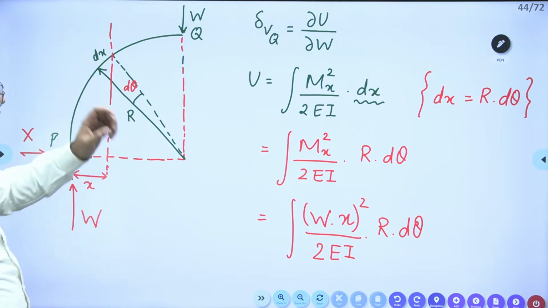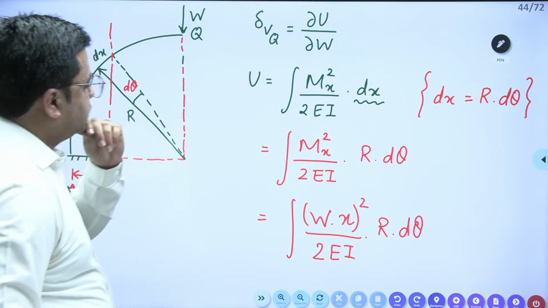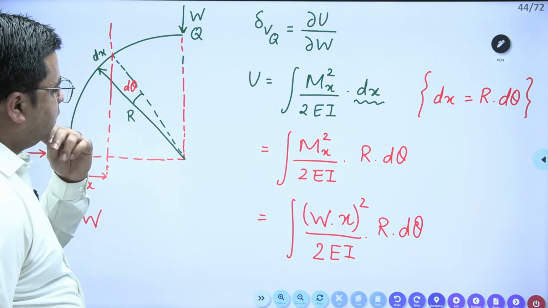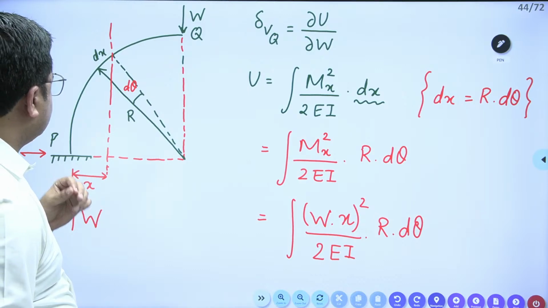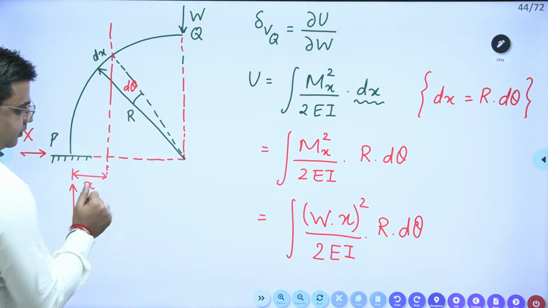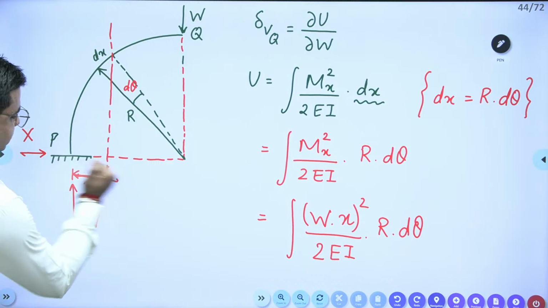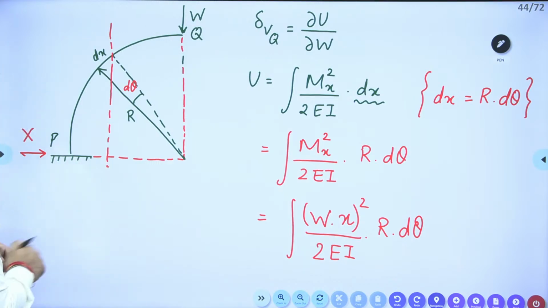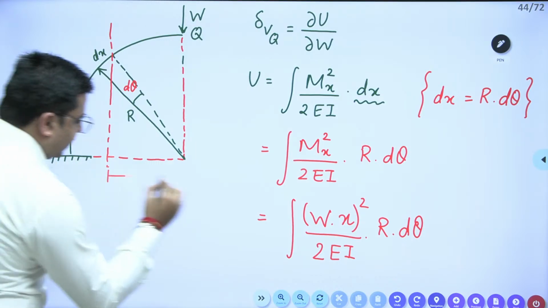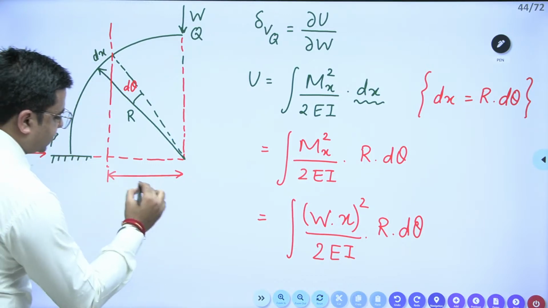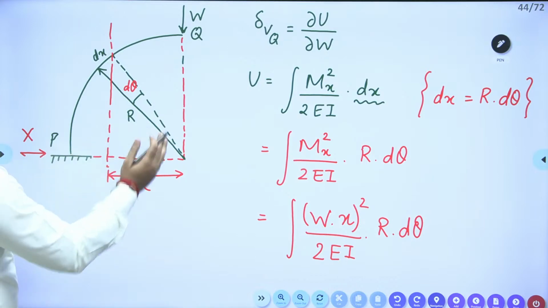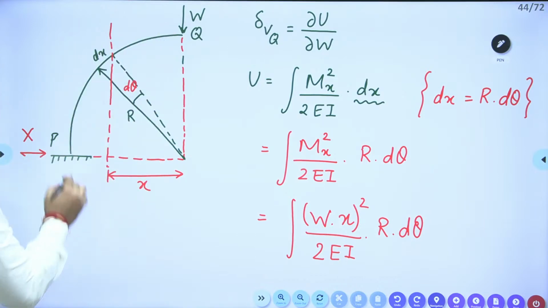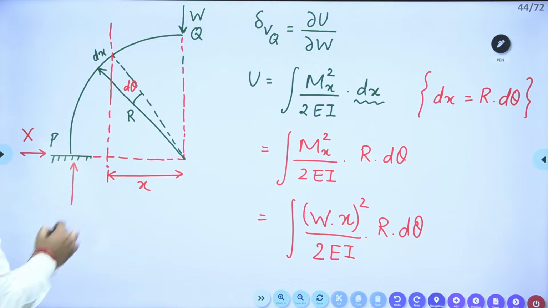Okay, I've just made one more little mistake. So this is my x, right? At section x, my moment will be W into x, and this is the reaction at P, and this is equal to W, right?